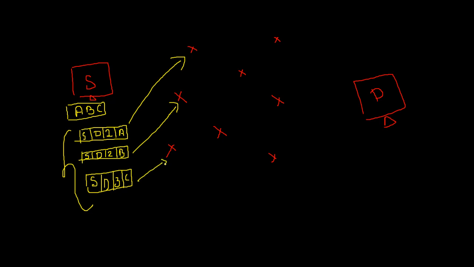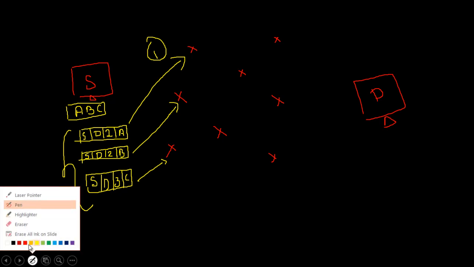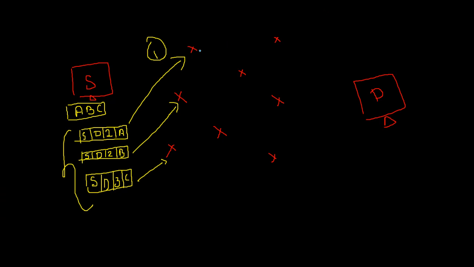Suppose packet number 1 first moves to this switching station, and after that it moves to this second station, and then it reaches the server system.